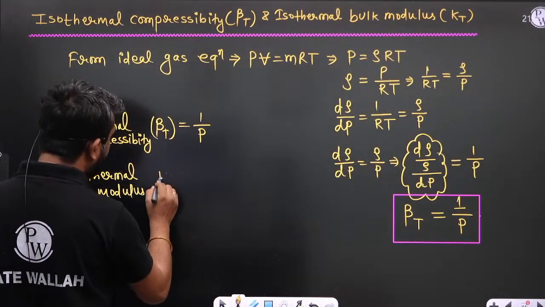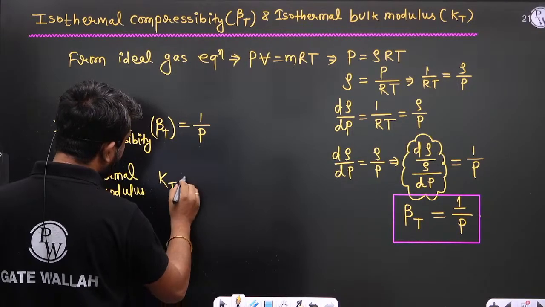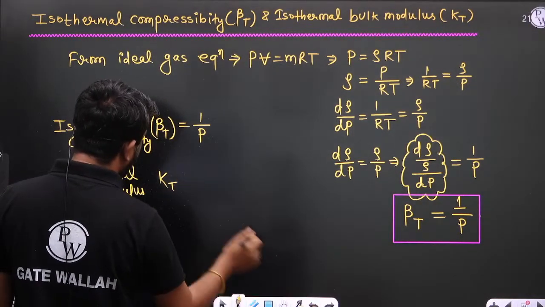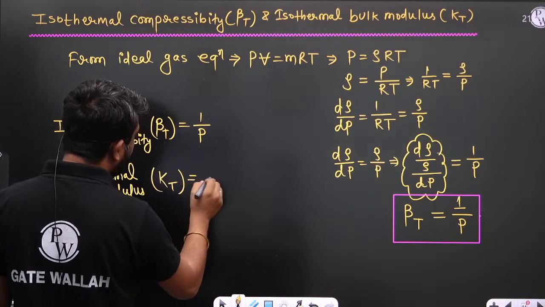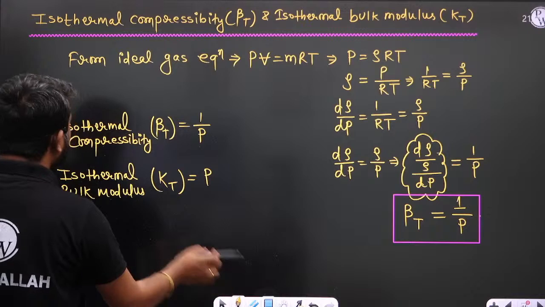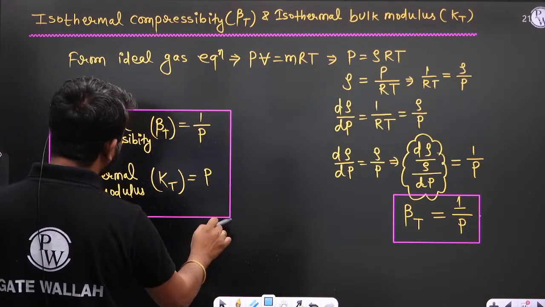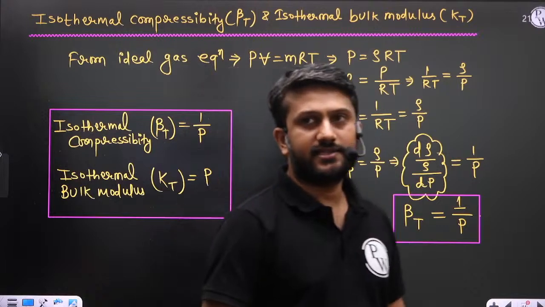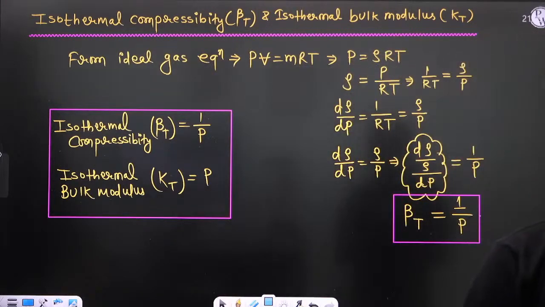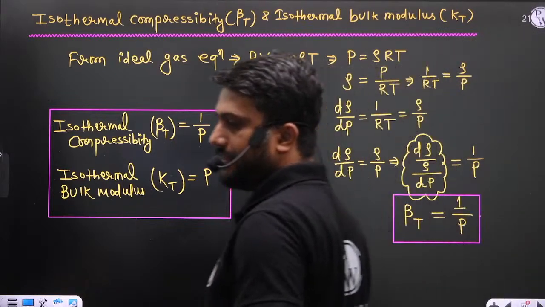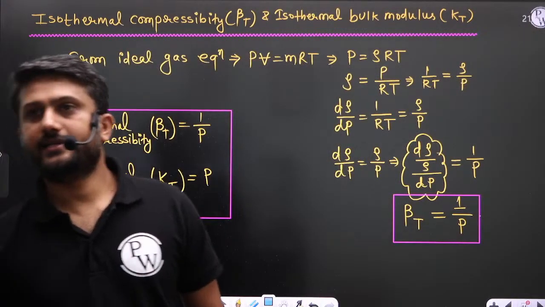So K isothermal is equal to 1 by beta T, and this is nothing but P. So in case of the isothermal, constant temperature process for a gas, these are the compressibility and the bulk modulus. Is it clear?